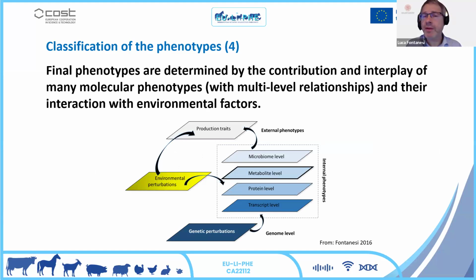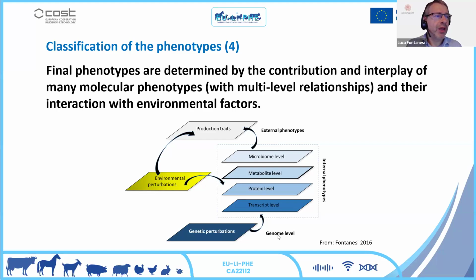This is a quite interesting way in which we can identify phenotypes. The final phenotypes, the external phenotypes, are determined by the contribution and interplay of many molecular phenotypes with multi-level relationships and their interaction with environmental factors. So we cannot skip the environmental factors, and we need to manage these different levels. This is the overview of how the different levels of information can interplay between each other.